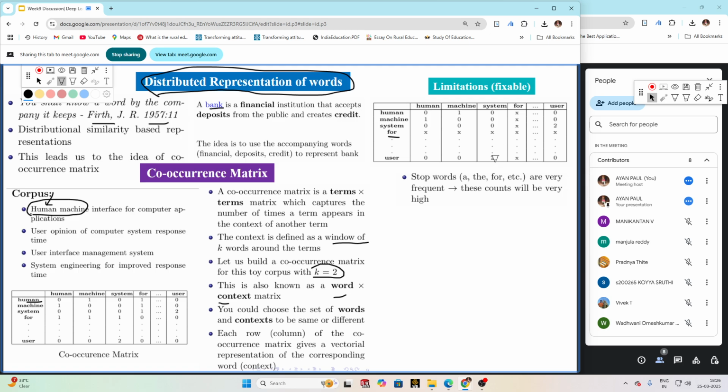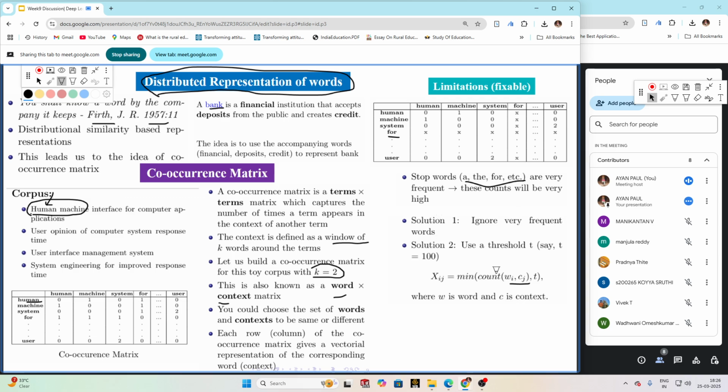So the first thing we can do, solution one, is ignore very frequent words. Wherever we find words that are occurring very frequently, these are actually stop words, so we can just ignore them. Second thing we can do, since stop words always occur with two words, this is again a problem of stop words.